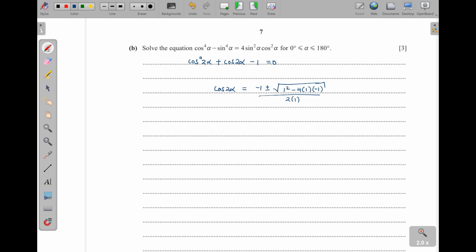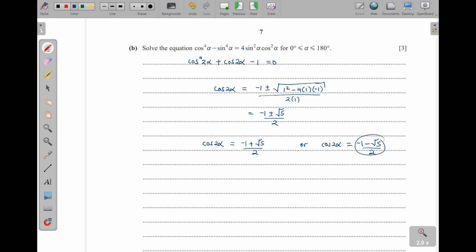So 4 plus 1, that is a 5. So this one will be negative 1 plus or minus root of 5 over 2. So meaning our cos of 2 alpha is going to be equivalent to negative 1 plus root of 5 over 2, or cos of 2 alpha is going to be equivalent to negative 1 minus root of 5 over 2.